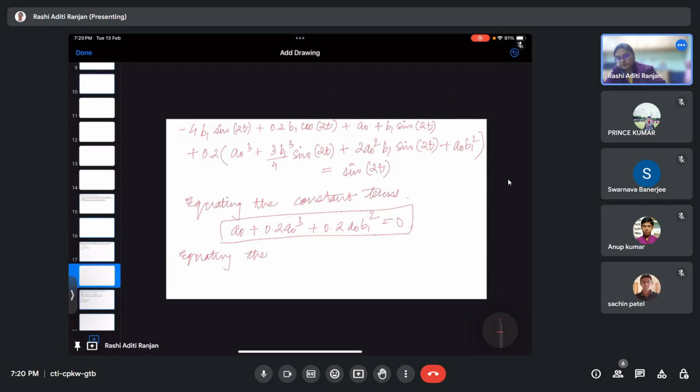the coefficients of sine of 2t, what am I going to get?